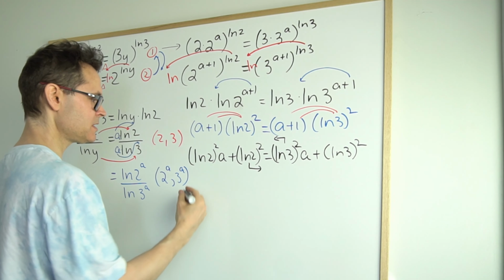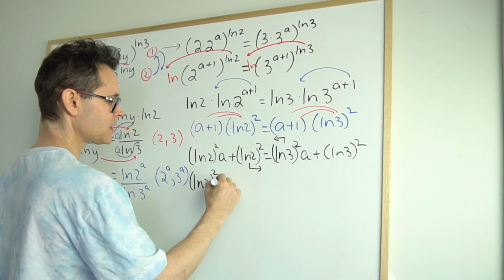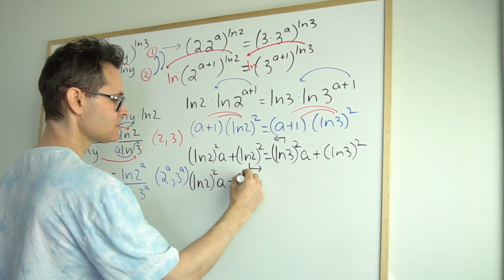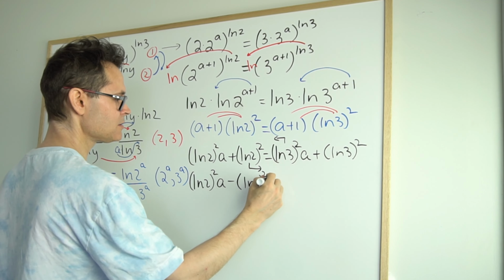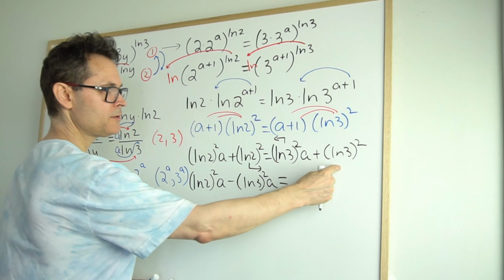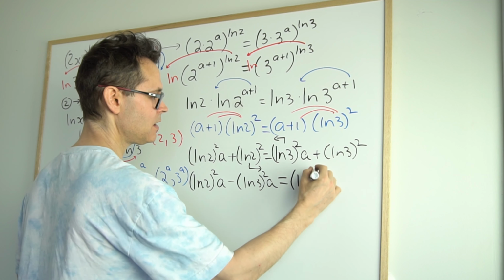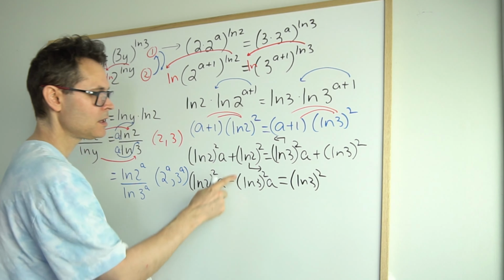So if I bring this over to the other side, that gives me the ln of 2 all squared times a minus the ln 3 all squared times a. There's my equals. The ln 3 squared stays on the right-hand side, so the ln 3 all squared minus the ln 2 all squared.